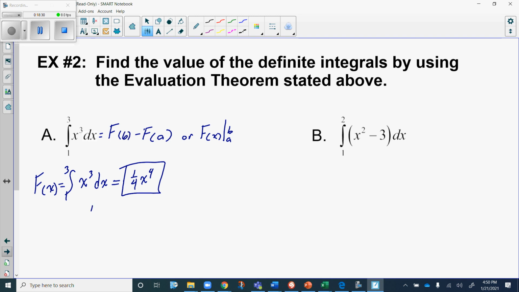This is what we're now going to plug and chug with. I'm going to say 1/4 times the upper bound, 3 to the 4th power, minus 1/4 times the lower bound, 1, also to the 4th power. You could also recognize that the 1/4 is a constant and say 1/4 times 3 to the 4th minus 1 to the 4th.